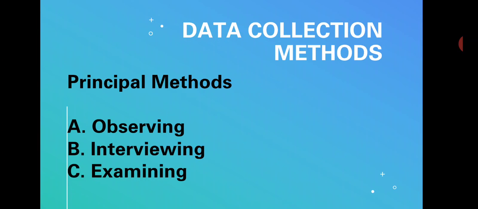Okay, now, we have data collection method. So we have the principal methods of data collection. We have three. We have observing, interviewing, and examining. Okay, that should be very easy for you.